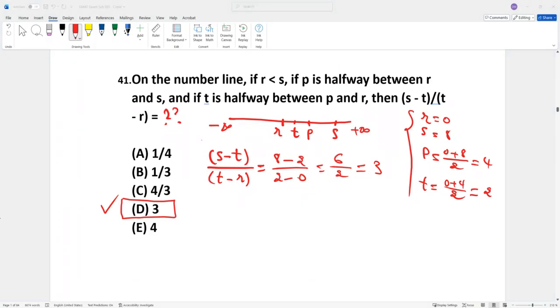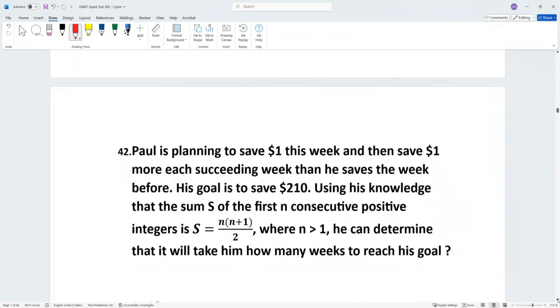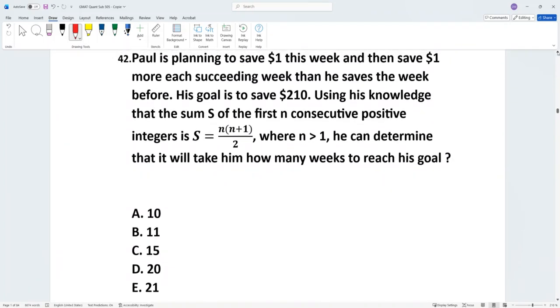Question number 42. Let's go to that question. It says, Paul is planning to save $1 this week and then save $1 more each succeeding week than he saves the week before.